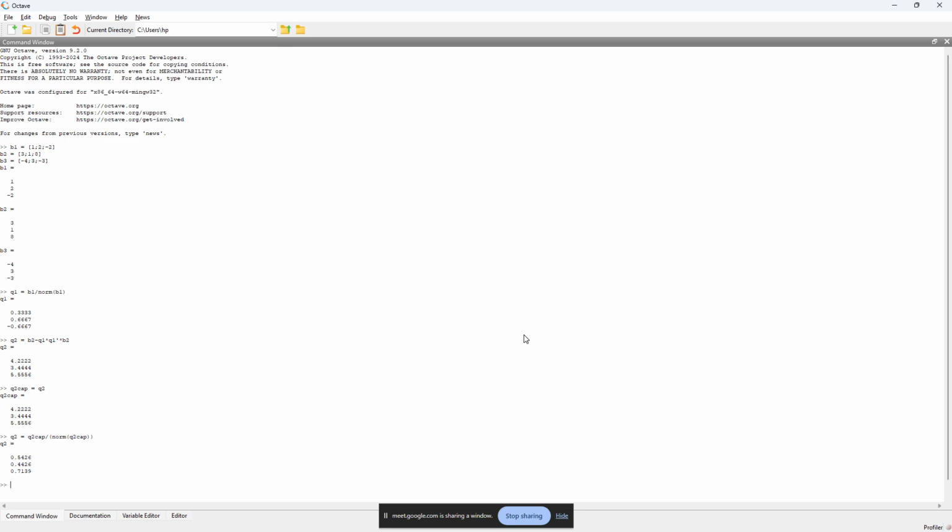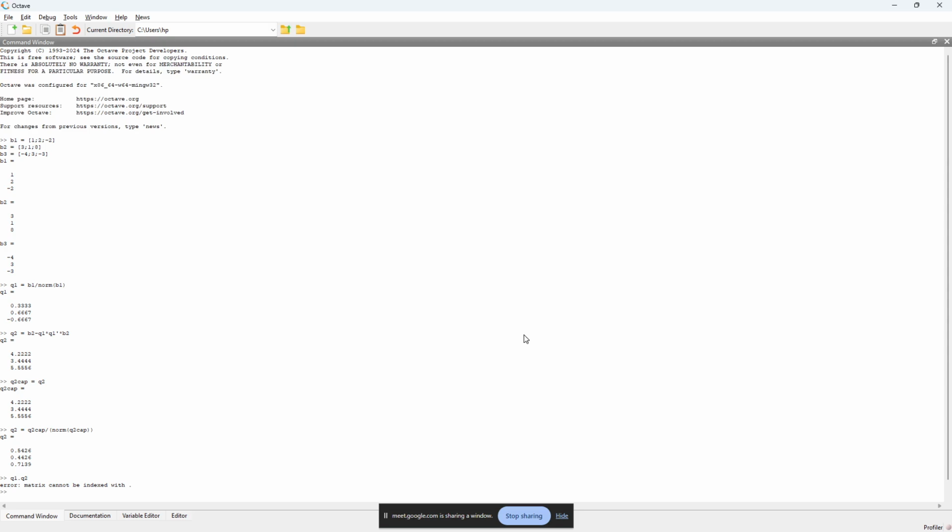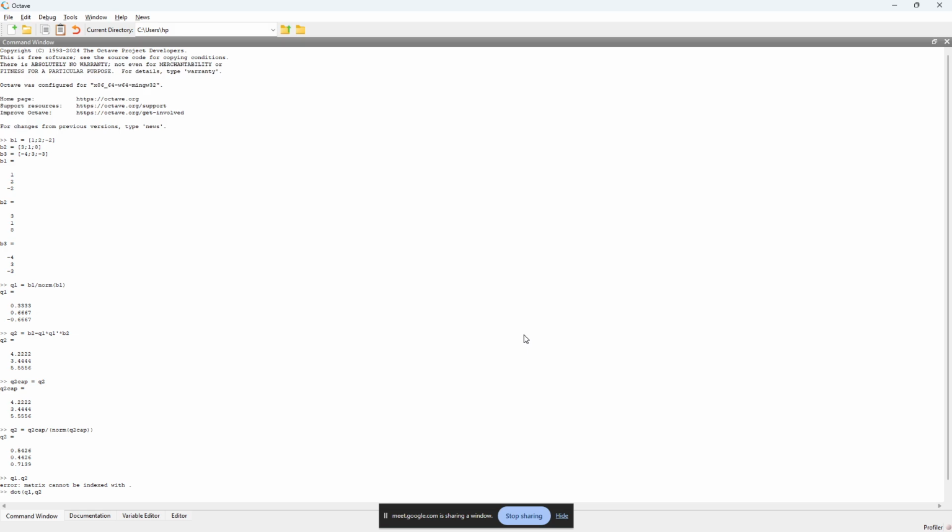Now let's check the orthogonality. Q1 dot Q2. One second, how to take the dot product in Octave? Dot of Q1 comma Q2.